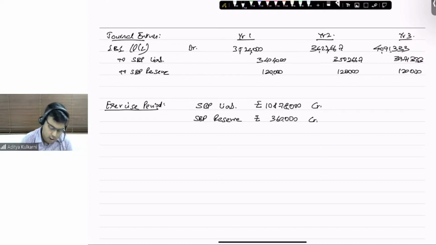Okay. So now let us assume that the employee exercises the cash alternative. So in that case, how am I going to do the accounting?